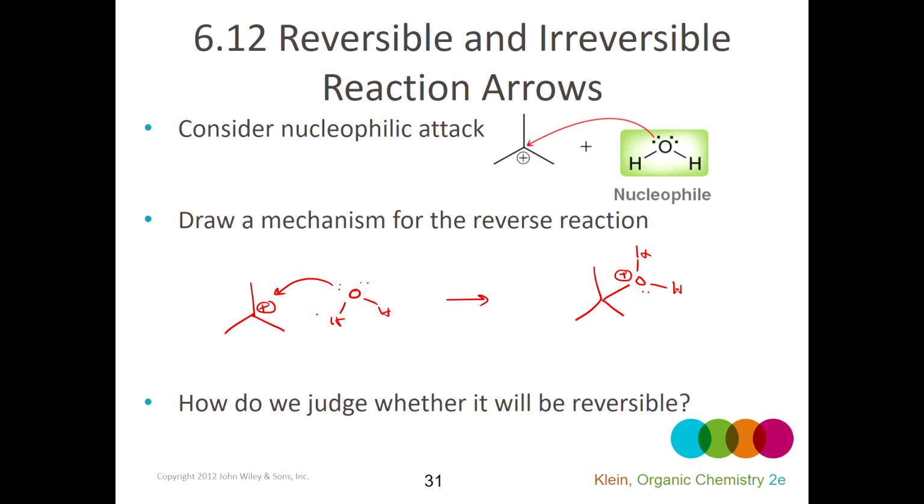So here I've got instability on this carbon because it doesn't have a complete noble gas configuration. Here I've got instability on this oxygen because it's such a highly electronegative atom, and it's starting to rip away these electrons, and the fact that it's positive means it attracts the electrons even more. So this water could easily leave and go back to form the carbocation, or it could come back in and reform the bond. So that's a reversible process that can go in both directions because both sides are similar in stability.